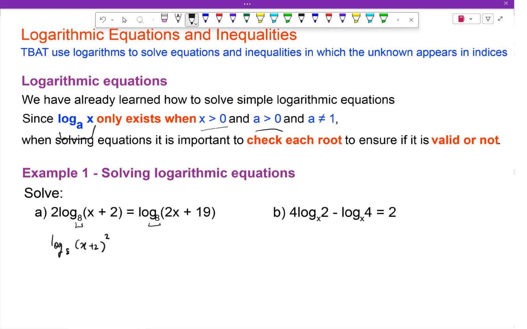Now, please do note that the log here, 就是它这里的那个 square here, it's considering x plus 2 the entire thing of it. So that results into log 8 bracket 2x plus 19.